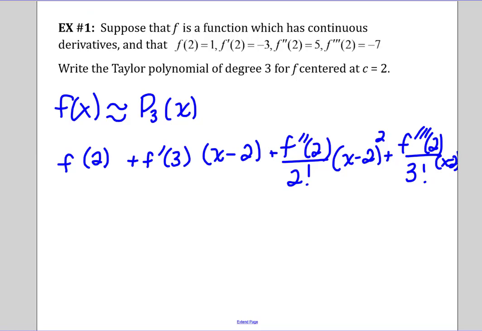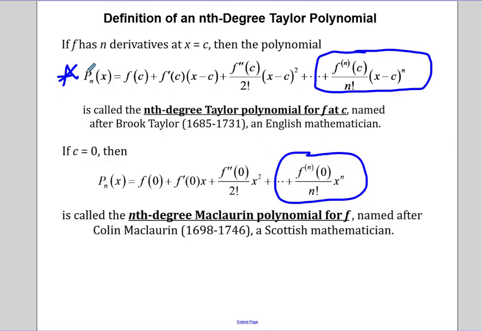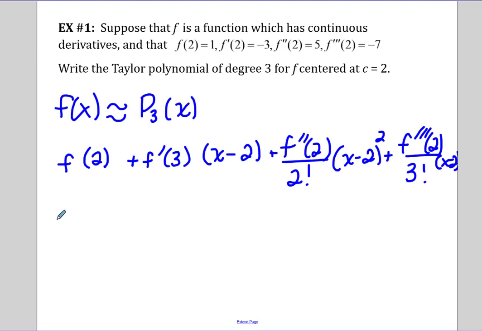So this is that formula that showed up right here. So we're expanding that out.